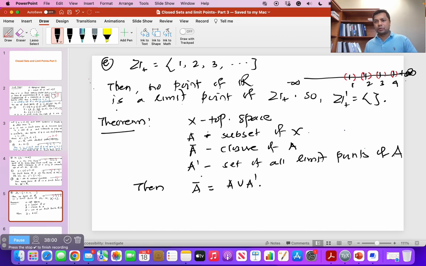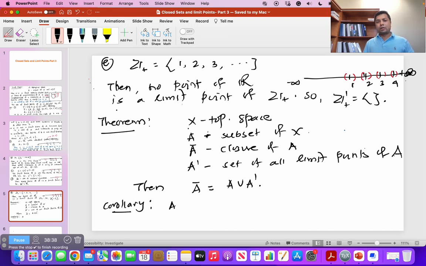Like I said, I'm not going to give the proof of this theorem, and if you are interested in the proof, you can take a look in Munkres' book. Now we're going to use this theorem to find the relation between a closed set and its limit points, which we have as a corollary.